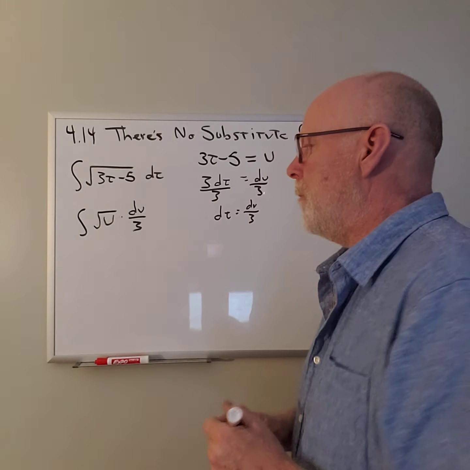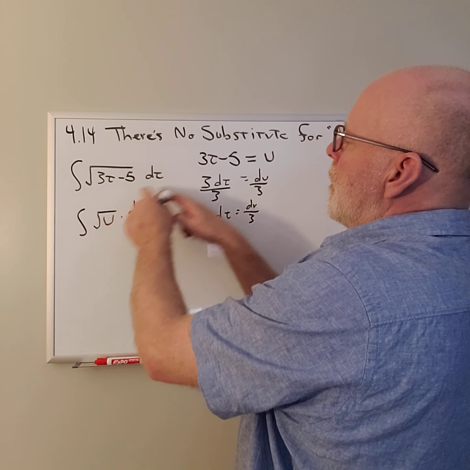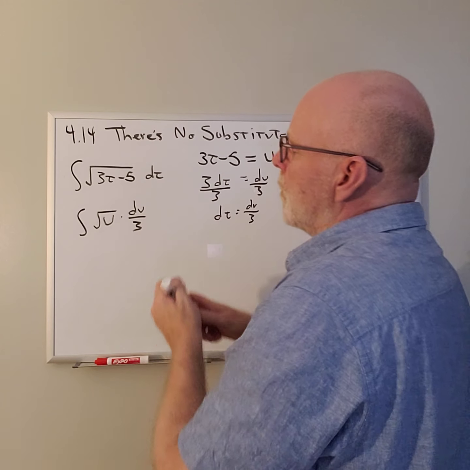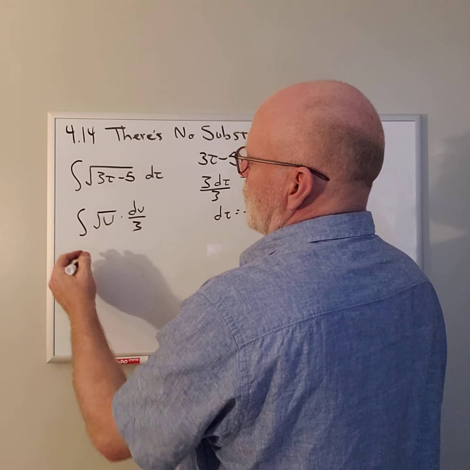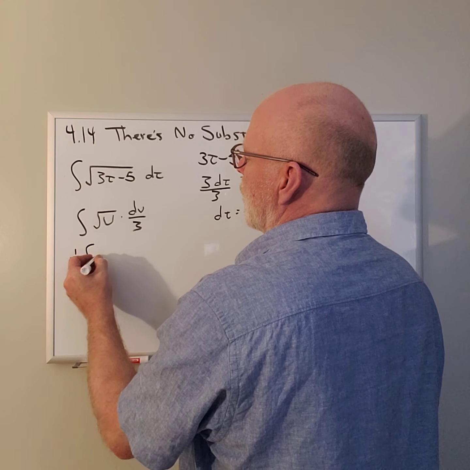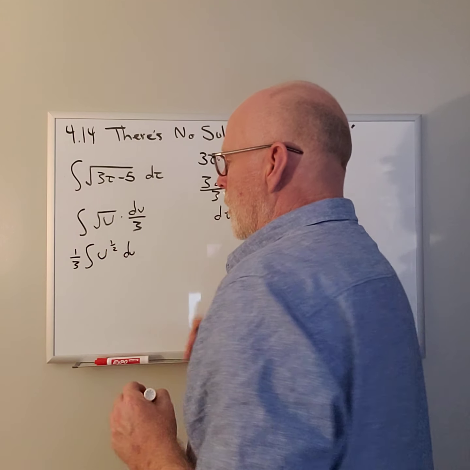Now we can proceed. So replace this thing with u, then replace the dt with something in terms of du, then perform the integration, or well, actually, what I would do first is rewrite this as 1/3 the integral of u to the 1/2 power du. Right.